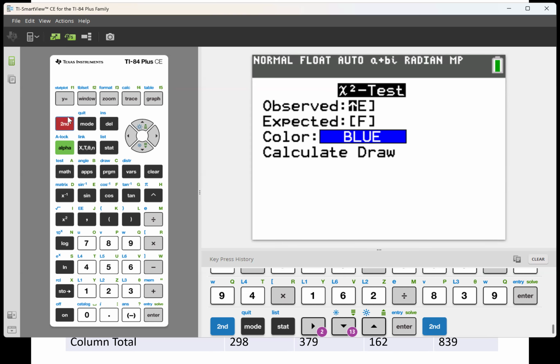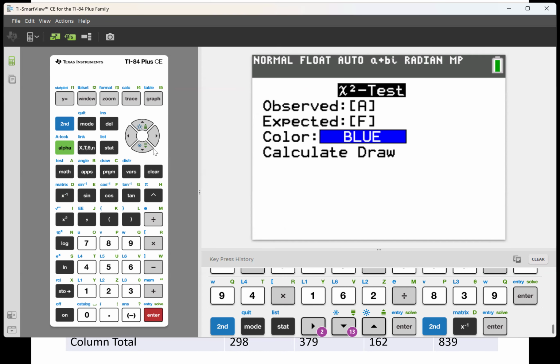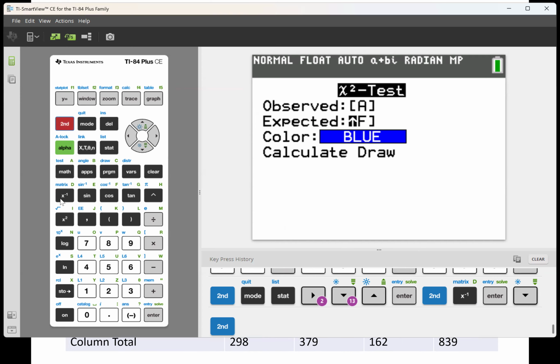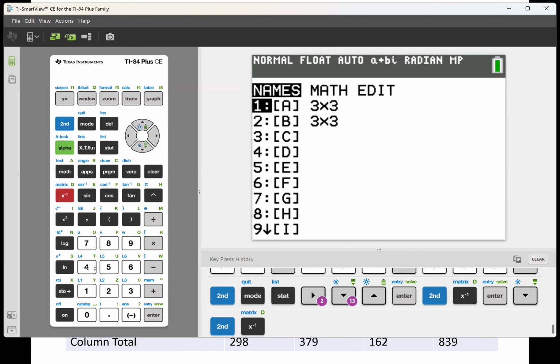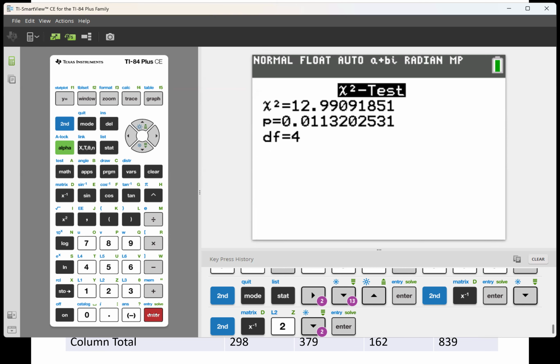We go second matrix, and we just hit enter on A. Then expected, we put in B. So we go second matrix number 2, B. And then we calculate. So our chi-squared statistic is 12.9909, and our p-value is 0.0113.